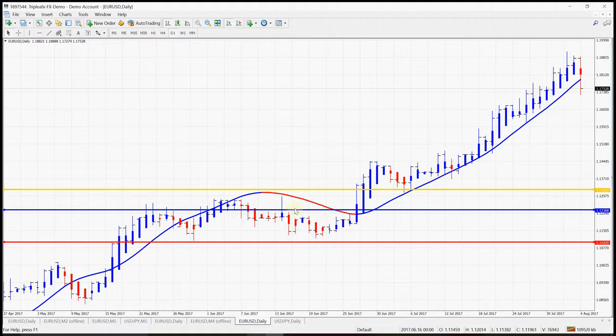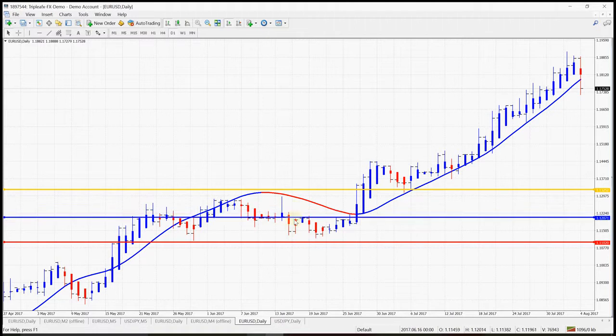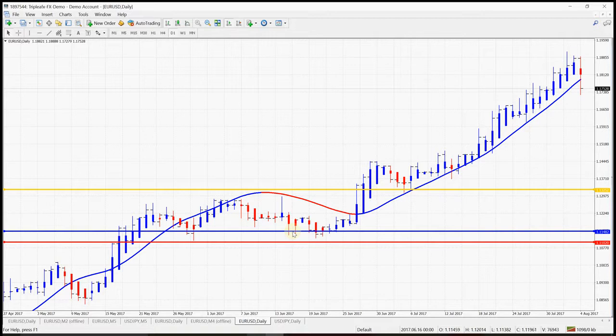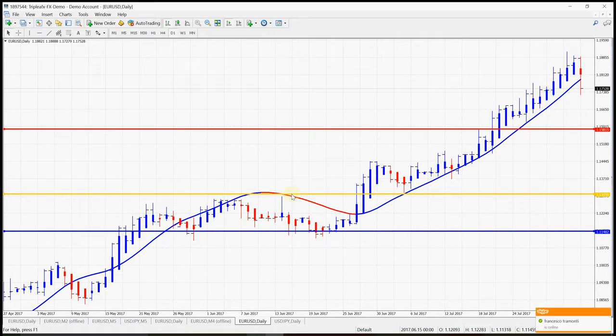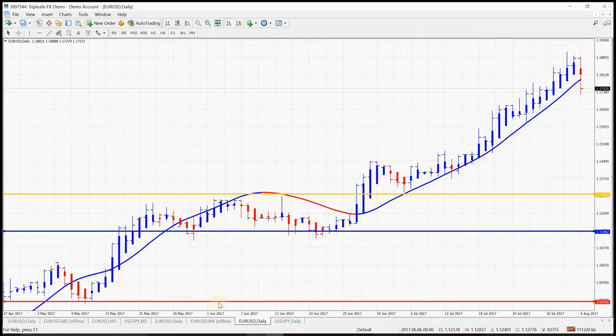Here we are going to sell, and our stop loss this time will be just above the swing high, and our take profit is the last known support level, which is here.